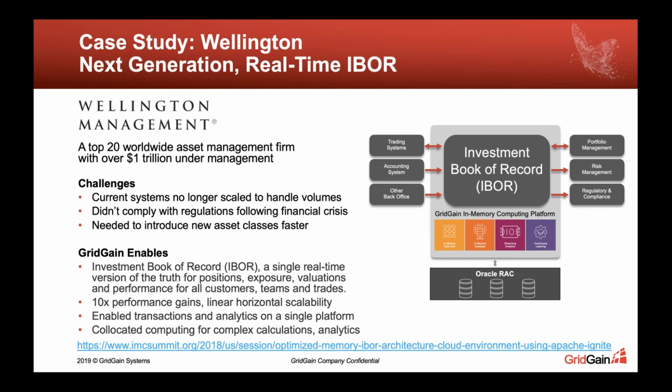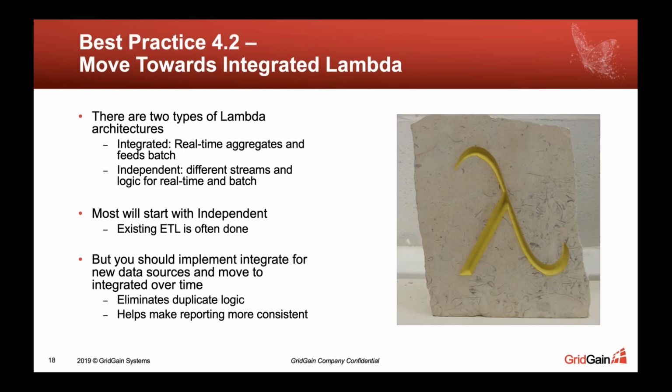Okay. So this is a very typical architecture. You're going to see they got about a 10x improvement in their analytics calculations, and they got their horizontal scalability by doing this architecture. You're going to see a combination of that real-time and historical even in some of these newer architectures like what Wellington produced.